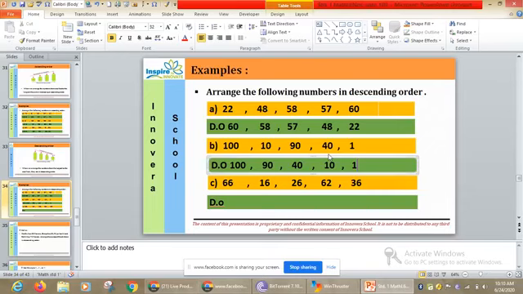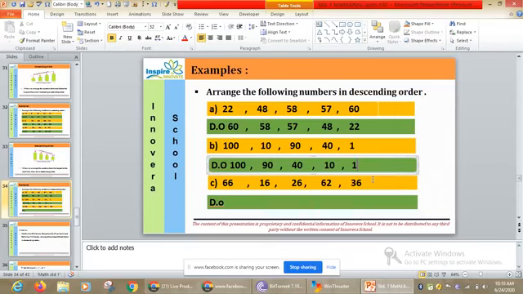66, 16, 26, 62 and 36. So which is the bigger number here? Everywhere 6 is there. But which is the bigger number?